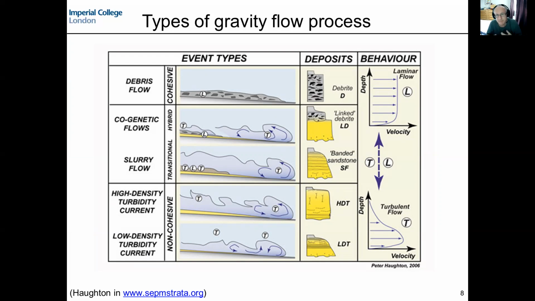That change in behavior is caused by deposition as the flow moves, so that would be loss of sediment, or erosion picking up and incorporating more sediment, and also incorporating more water into the flow. As the ratio between sediment and water changes once the flow is moving, that determines whether the flow is behaving in a turbulent manner or in a laminar manner.